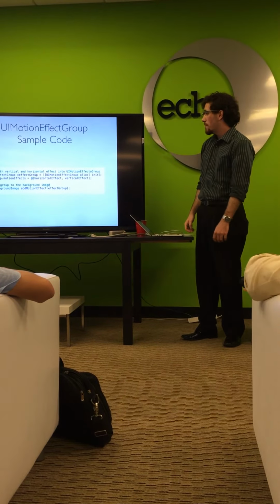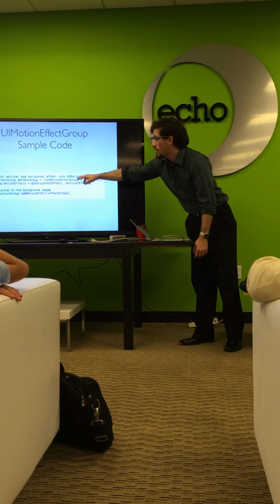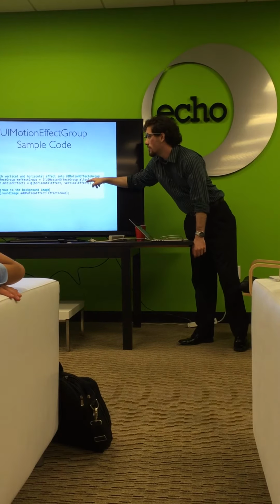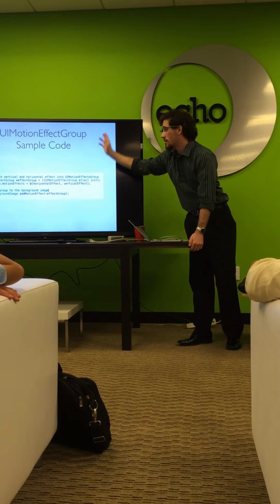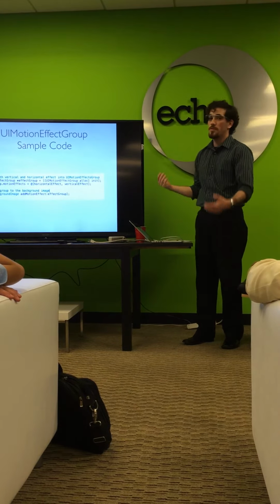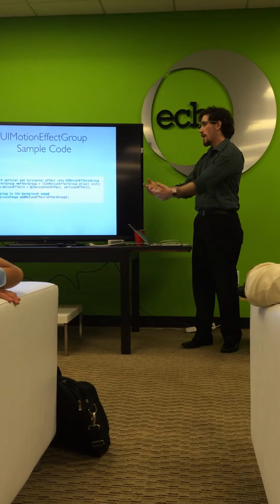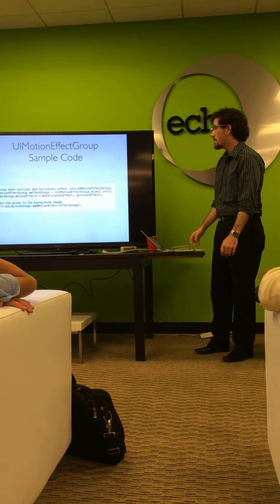So here's an example. I create an effect group, and I set its motion effects in an array with my horizontal and vertical effects, and I add that to the background, just as I did with just one. So instead of adding the individual effects, you create a group, wrap them in the group, and add the group to whatever view you want to do the parallax effect on.